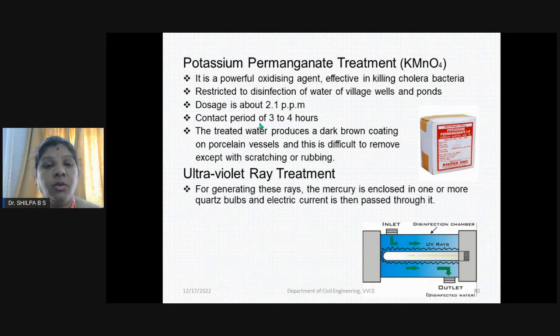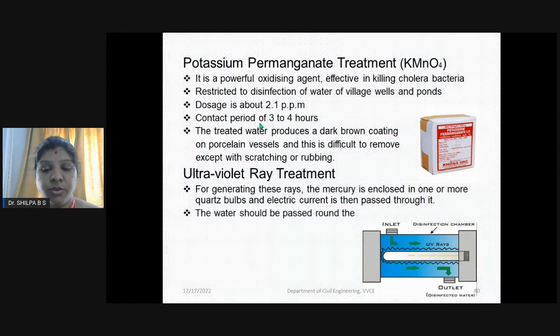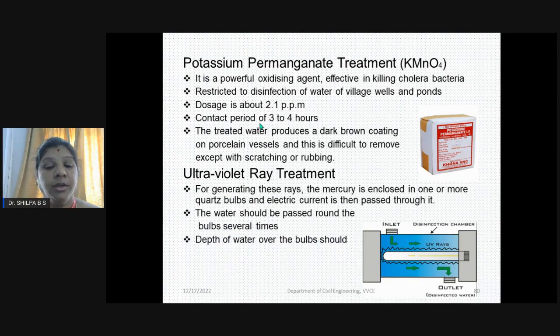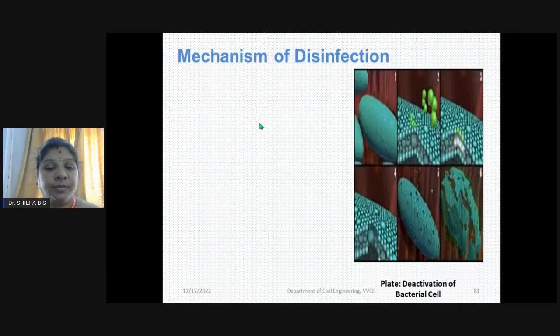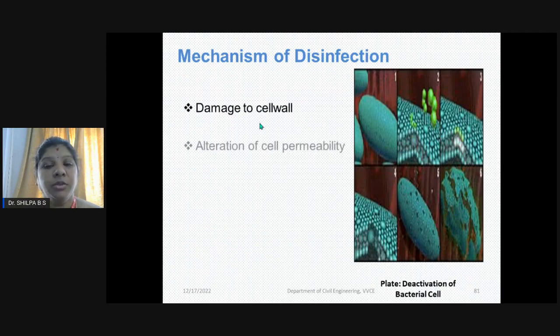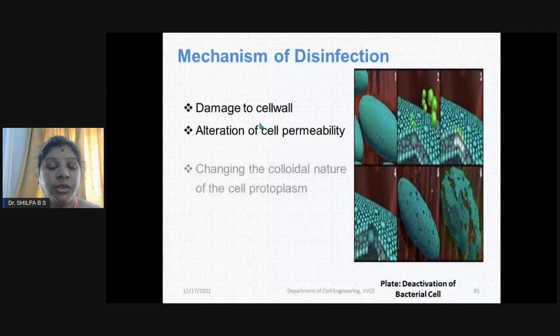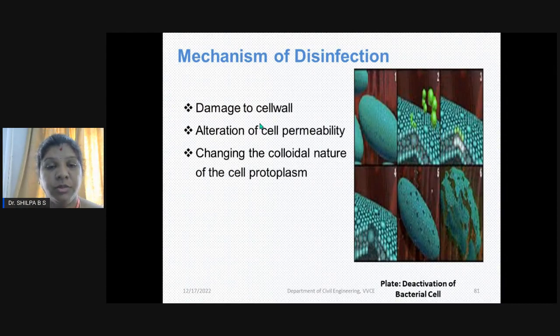Again, the water can be treated with potassium permanganate, or treatment with ultraviolet rays can be done. Whatever the nature of the disinfection method, this is the mechanism that happens.